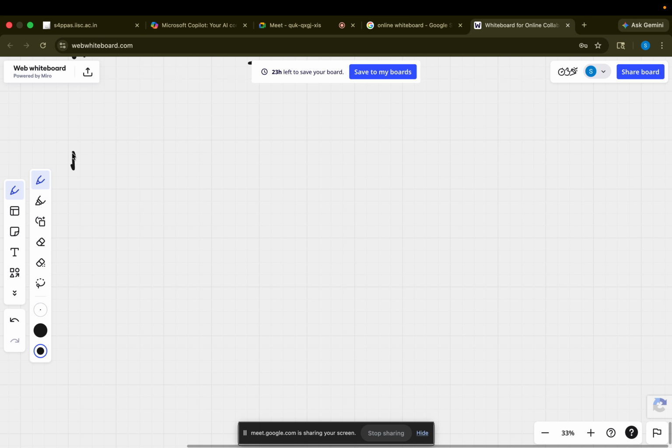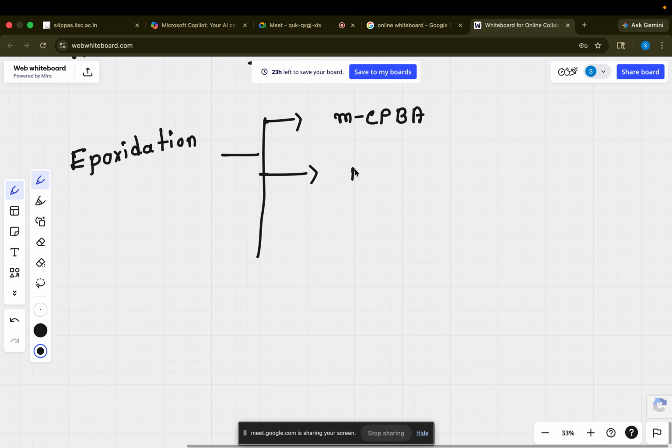So in epoxidation, what reagents can we use? First of all, we can use MCPBA, which you already know. Apart from MCPBA we can use DMDO, dimethyldioxirane, which is another reagent.